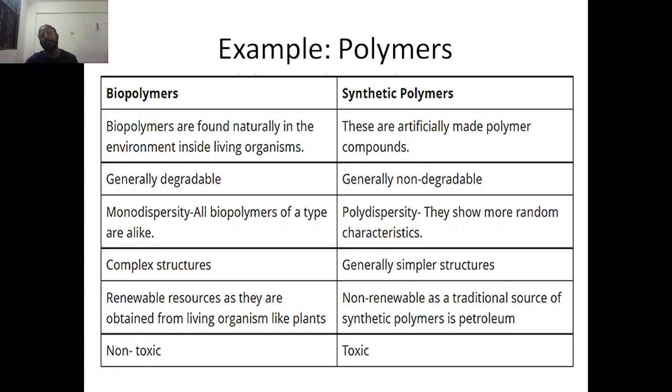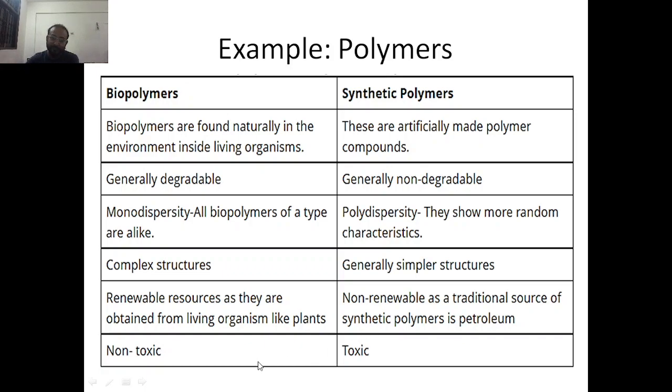Here we are not creating any waste; it's already there in the plant, and we are just extracting it and using it as a biopolymer. Synthetic polymers are non-renewable, as the traditional source of synthetic polymers is petroleum, and there is a lot of waste. And biopolymers are non-toxic, whereas synthetic polymers are toxic.